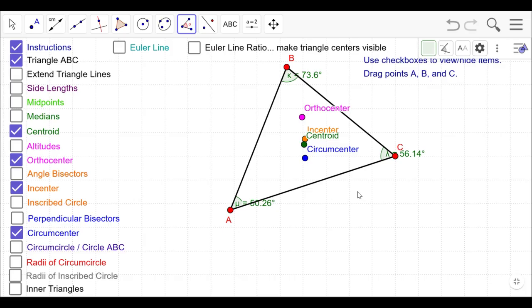Now, if it's not perfect, it's okay, but we do have to move on. So, make sure you hit the mouse key again at the end. Otherwise, you can't move it anymore. Now, it's talking about the orthocenter, so I'm going to click off every other center except the orthocenter because that's the only one I care about.